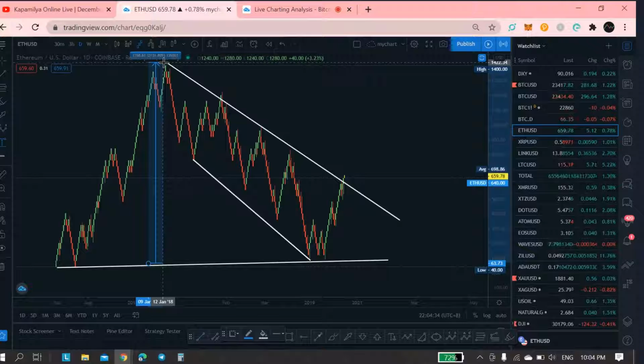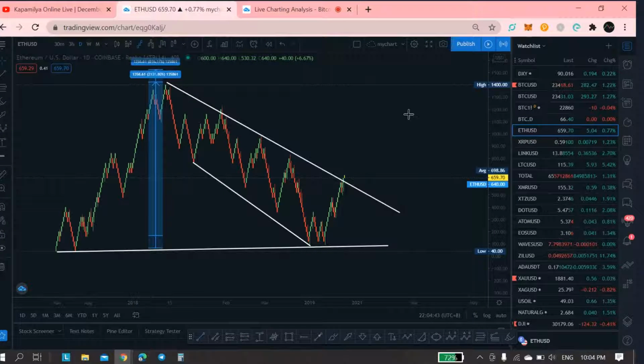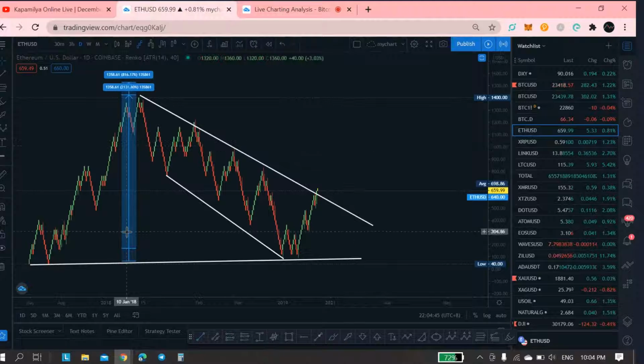But on a conservative note, we will use the previous all-time high as our conservative long-term target.